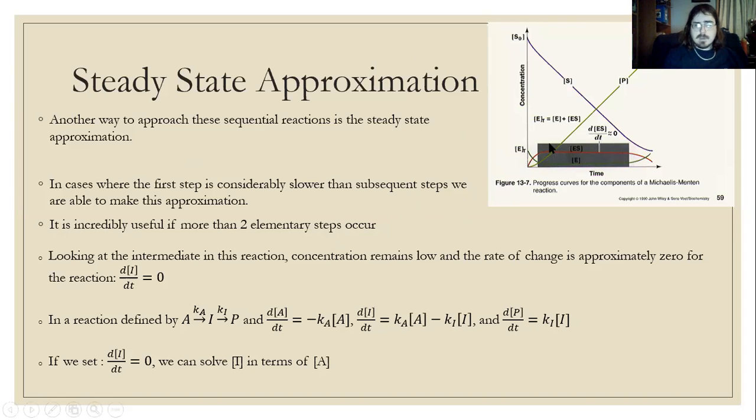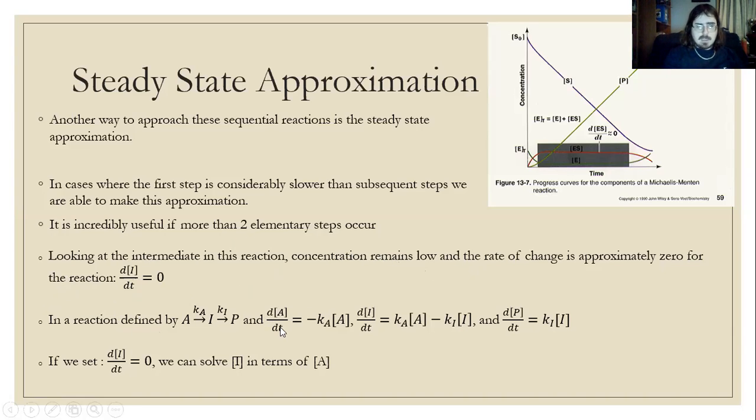It builds up, and then as soon as it builds up, it's consumed, so it stays more or less constant. So it's very useful if there's more than 2 elementary steps. So we're saying essentially that the intermediate concentration remains low, and the rate of change is approximately 0, so that we can say dI/dt is 0 for the majority of the reaction.